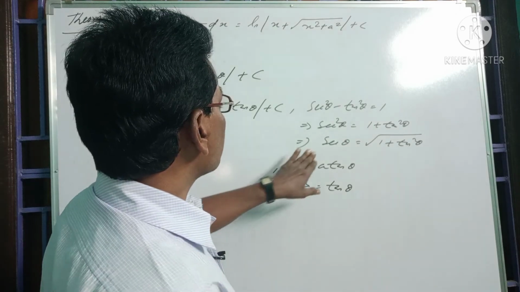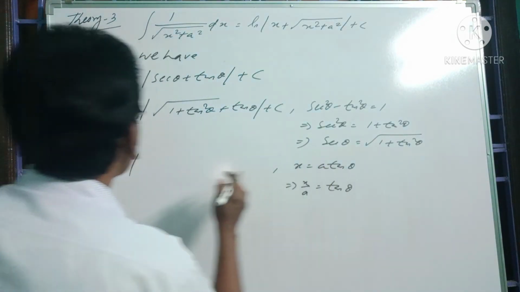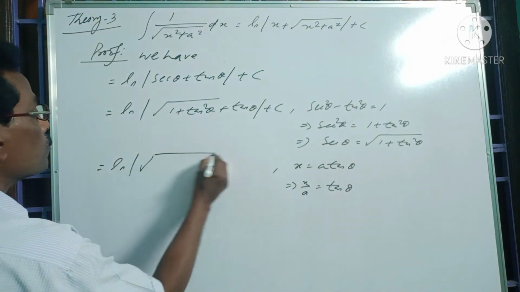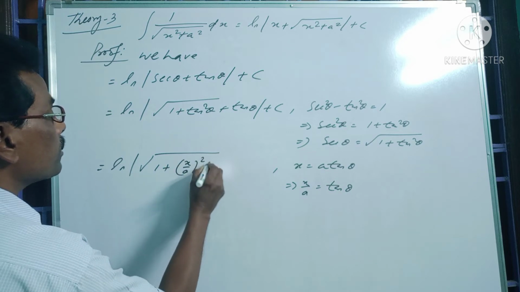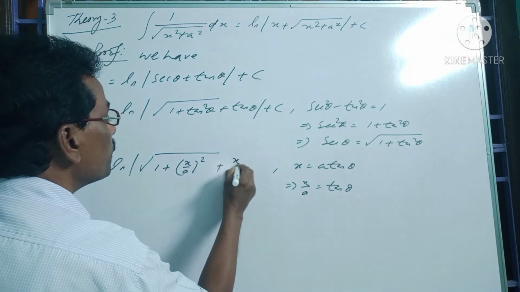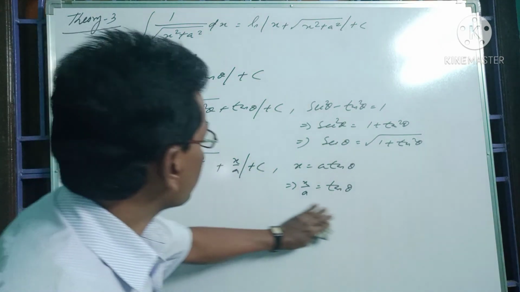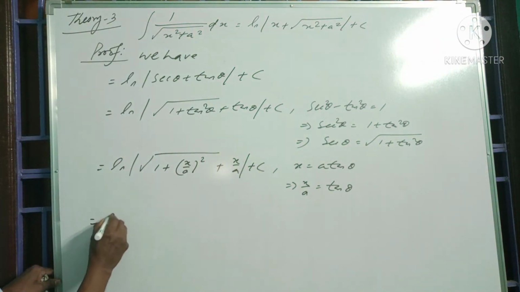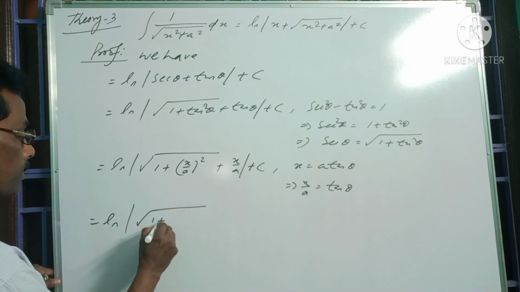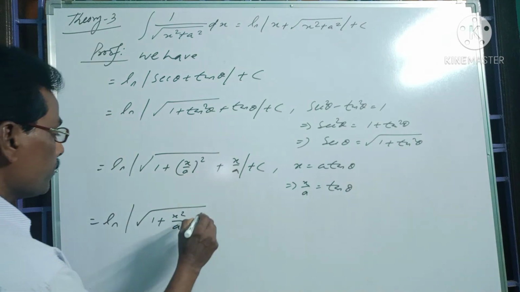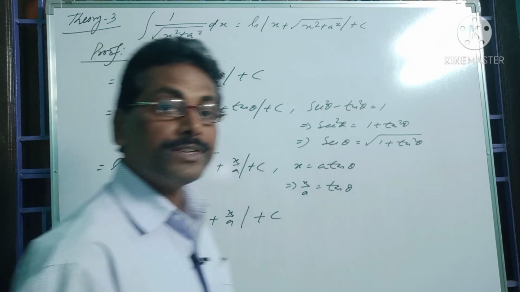Replacing x by a in place of tan theta, we have ln of mod of root over of 1 plus x by a square plus x by a, mod, plus c, the constant of integration. Again simplifying, we have ln of mod of root over of 1 plus x square by a square plus x by a, mod, plus c, the constant of integration.